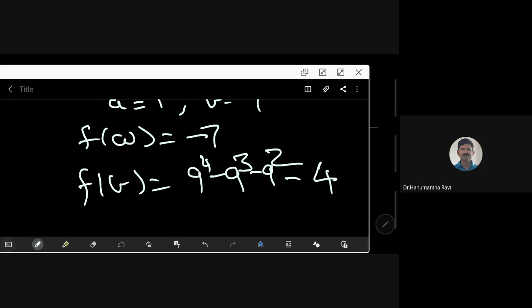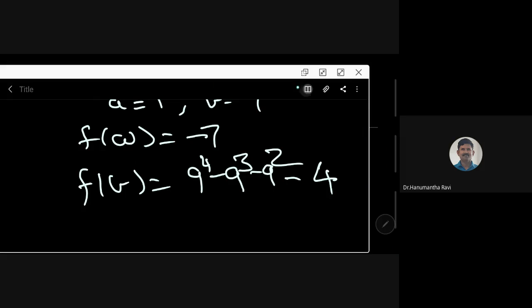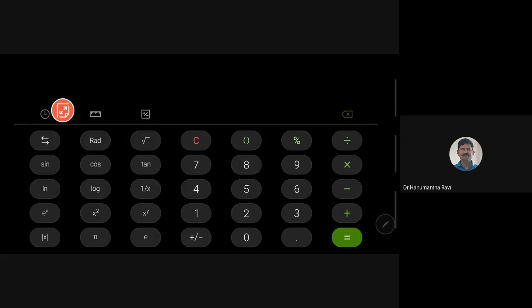So 9 power 4. How can I find 9 power 4? Okay, we will do one thing. 9 cube, 81 into 9, is 729.